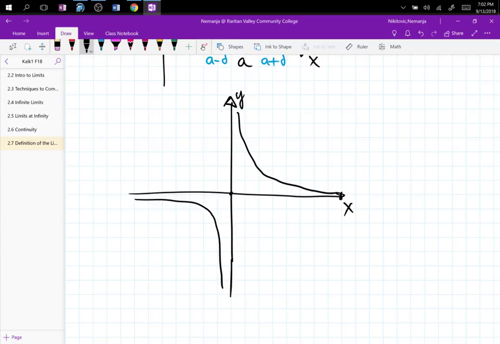I'm going to pick my a, which is 0. I'm going to go a little bit to the right, a little bit to the left, and that's going to bounce into the y-axis. You have your delta, so this is your a minus delta, and this is your a plus delta. These locations, these points.